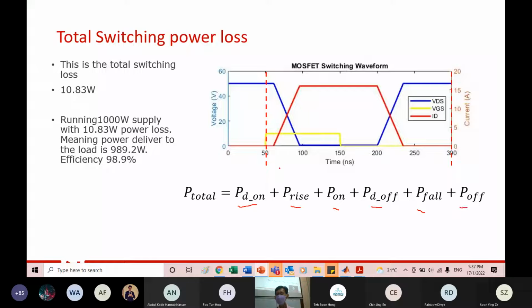You just add all of them together. Once you add them together, you will have a total of 10.83 watts of power losses.